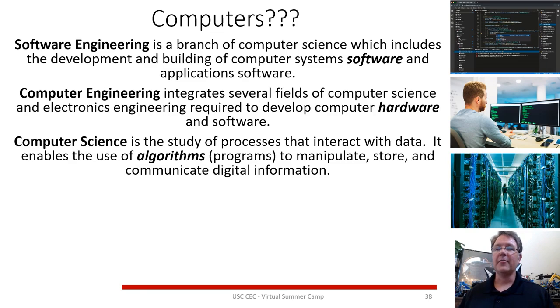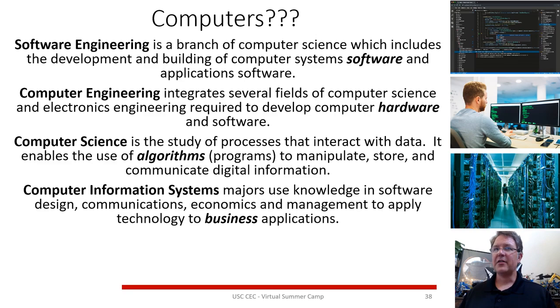Computer science is a more general study. It enables the use of programs to do information processing. You will learn to do programming in computer science, but it also includes some higher level math and analysis, more scientific instead of technology based, if that makes any sense.